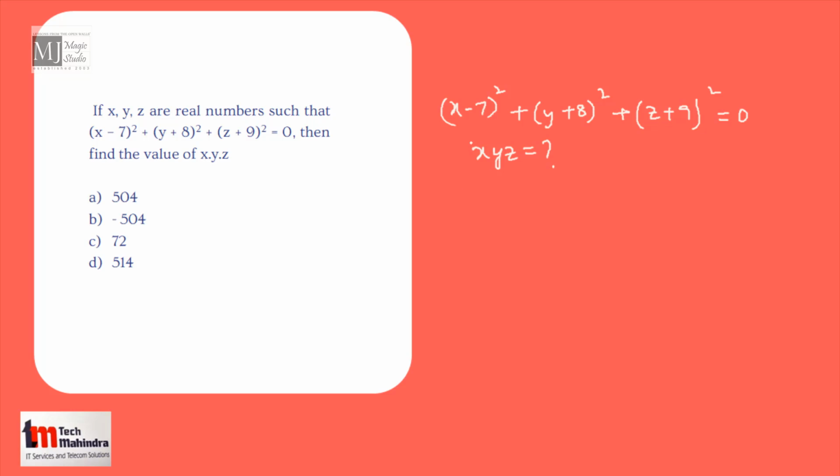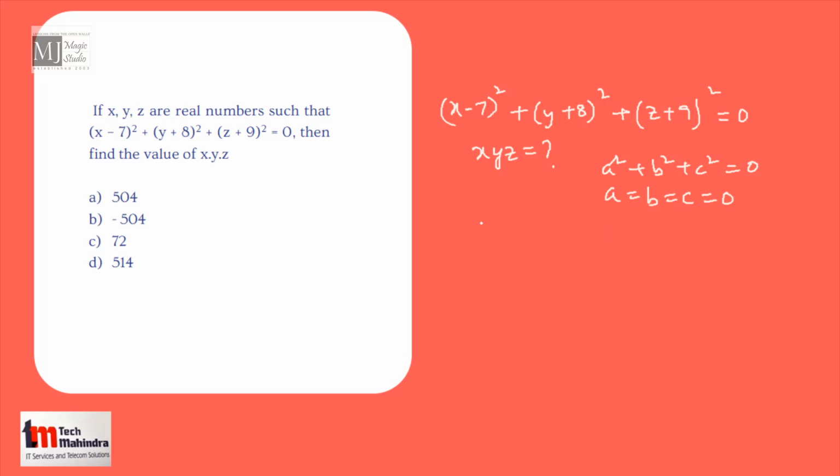Now it's quite evident and clear that a square number is always positive. We know that. And if the sum of the squares of n numbers is equal to 0, then each of the numbers must be 0. If I say a square plus b square plus c square is 0, it is only possible when a is equal to b is equal to c is equal to 0.